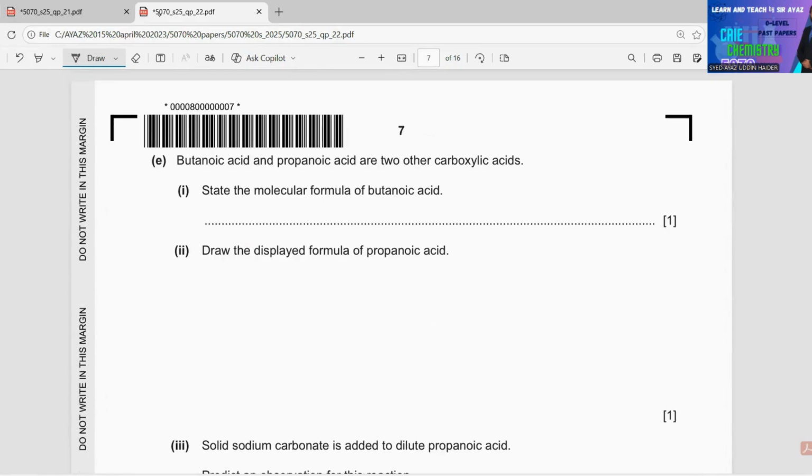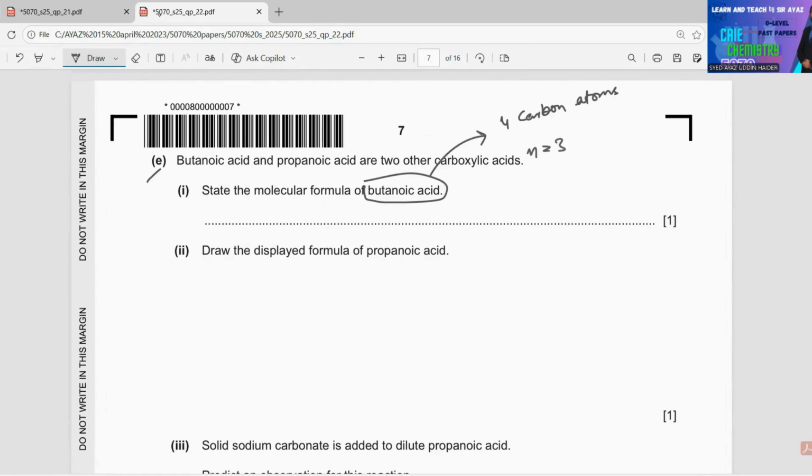Moving to next part, this is part E. Butanoic acid and propanoic acid are two other carboxylic acids. One, state the molecular formula of butanoic acid. So butanoic acid must be having 4 carbon atoms in all. So for this, n must be 3.